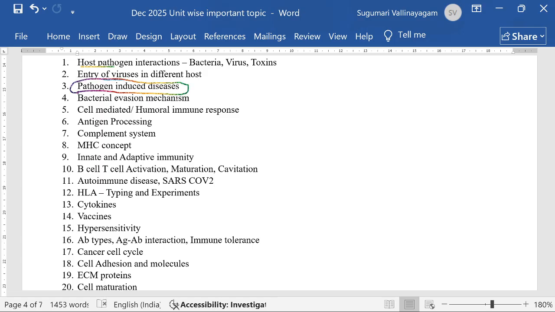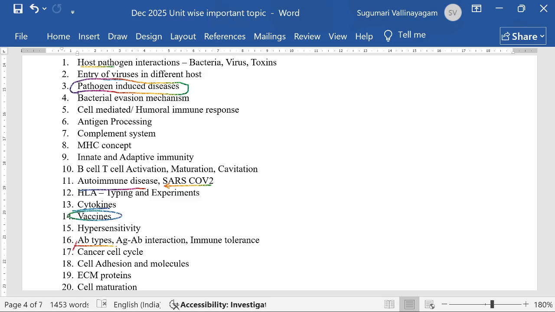And then bacterial evasion mechanisms, cell-mediated and humoral response, antigen processing, complement system, emerging concepts, innate and adaptive immunity. These are general, just recall them before you go for the exam. And autoimmune diseases, SARS-CoV related updates, cytokines, vaccines. From vaccines they will ask one question.